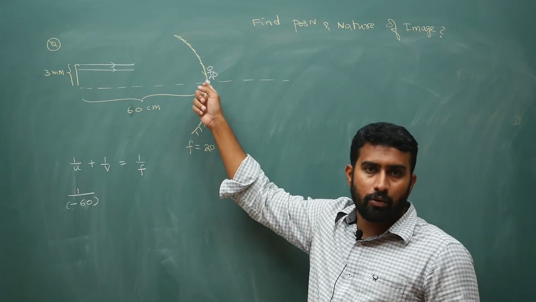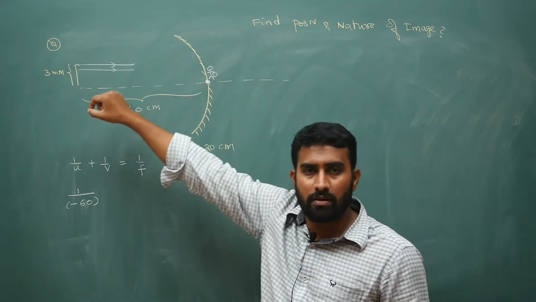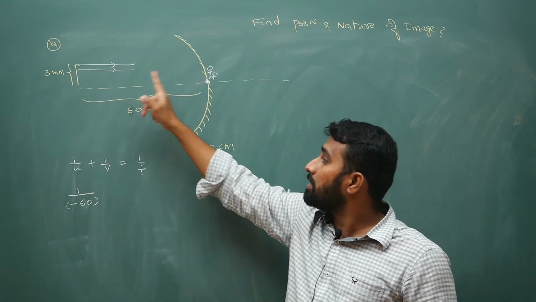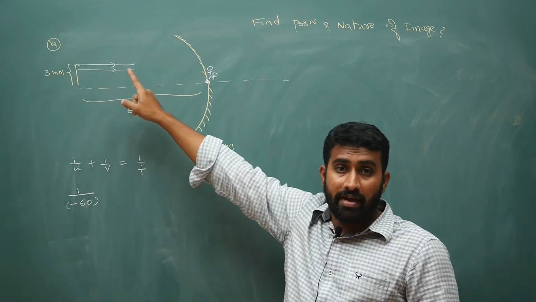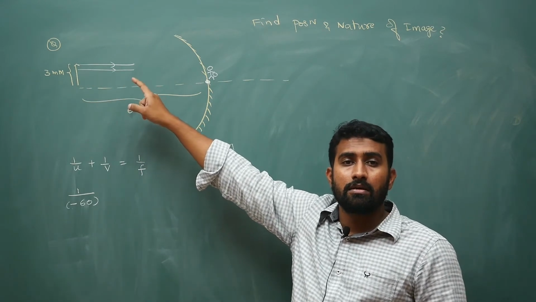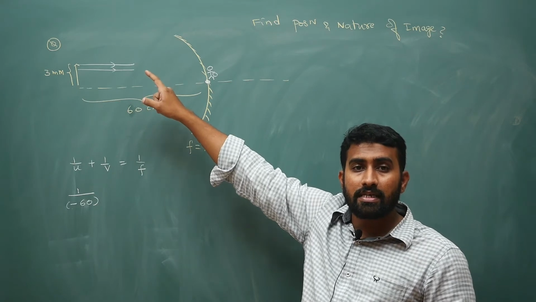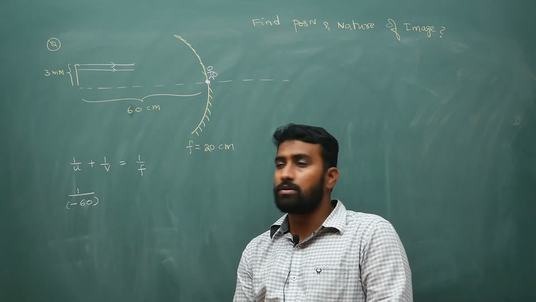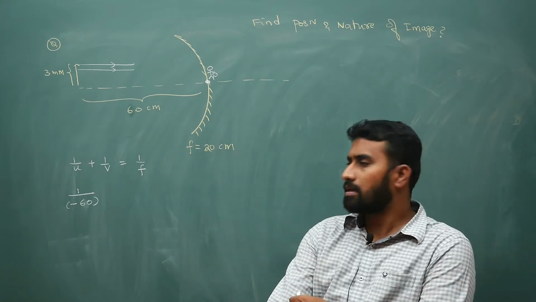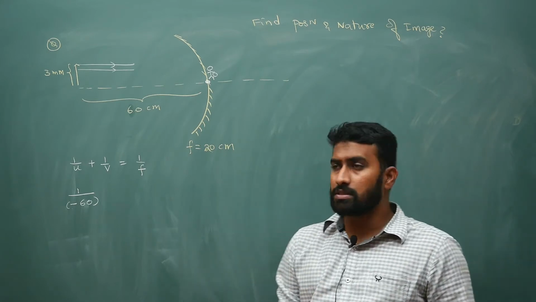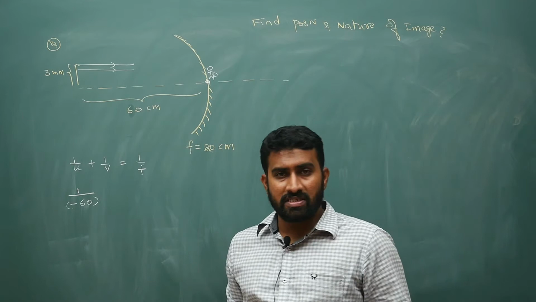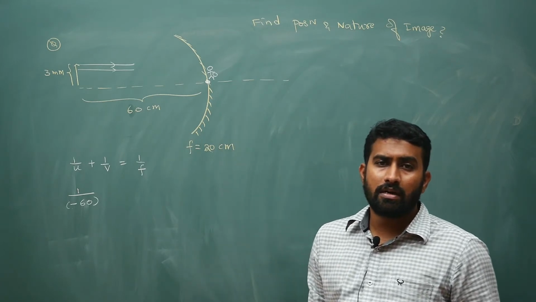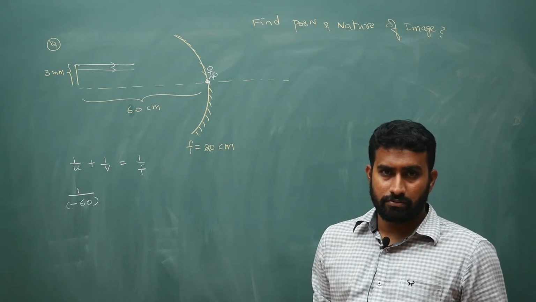So this is your pole. From the pole to go to the object, you are going against the incident ray. So against the incident ray it is negative, in the direction of the incident ray positive. I think I have given it correctly.